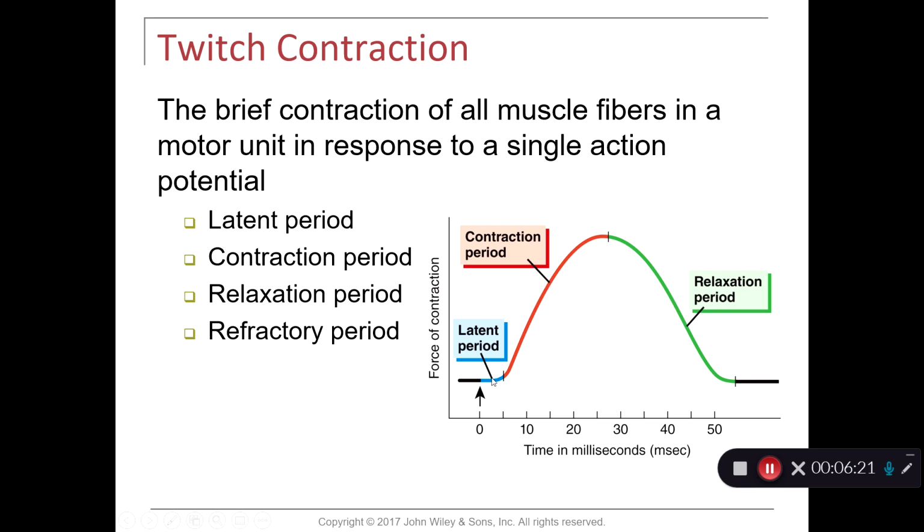So sodium rushes in, you still have to wait for that calcium to be released and all that stuff. A signal has to be sent from the neuron, has to release acetylcholine, has to do that sodium interaction, that sodium has to interact with calcium, and calcium has to interact with troponin, and there you go, magnificent, we finally get it. So you better have a latent period. It's a very small latent period, 5 milliseconds, but you have to have a latent period.